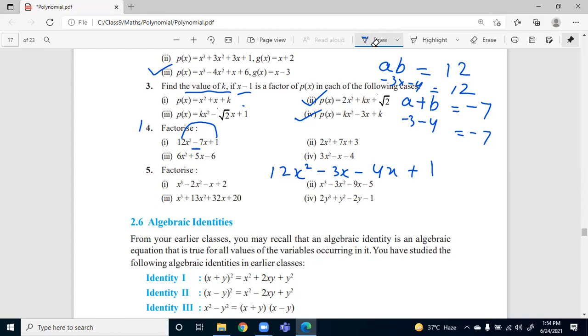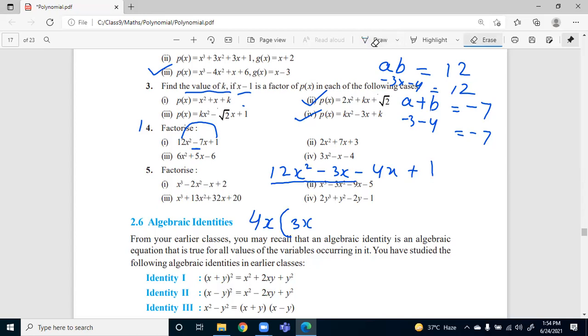We can take common now. From the first two terms, we can take not only 4, 4x common. So I am opening the bracket. What should I write in the bracket? 3x minus 1. So 4 is the wrong selection.